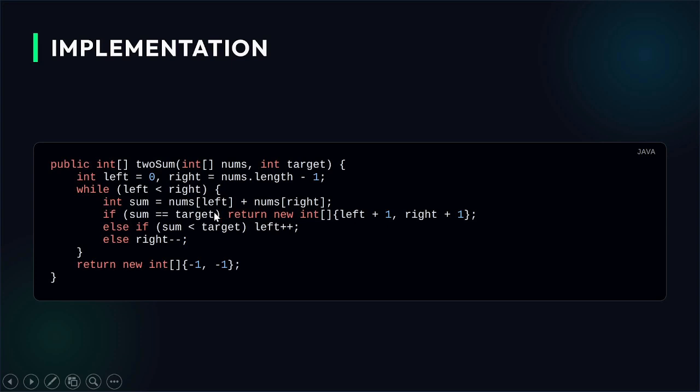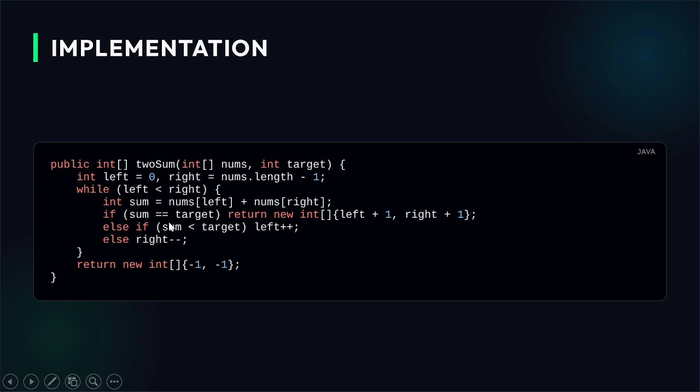For example, if the sum is greater than the target, as we have seen in the question, we have to decrease the right pointer. But if the sum is less than the target, we need to move the left pointer. So that condition is written here.